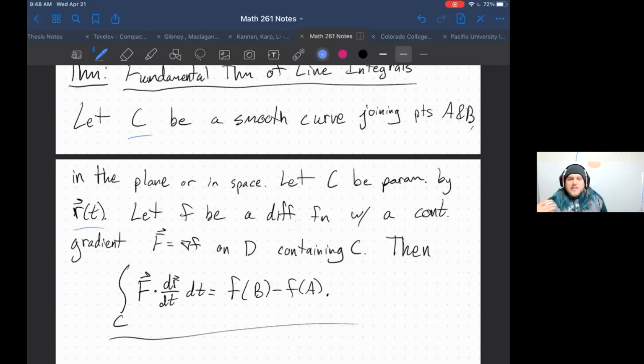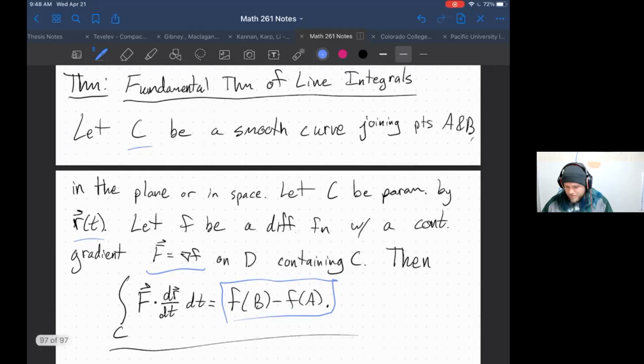So what this means is, since capital F is the gradient of some potential function little f, this vector field is conservative. This integral is path independent. And so when you go to evaluate this integral, you have no mention of r of t, no mention of C, anything about that. You just have little f of B minus little f of A.